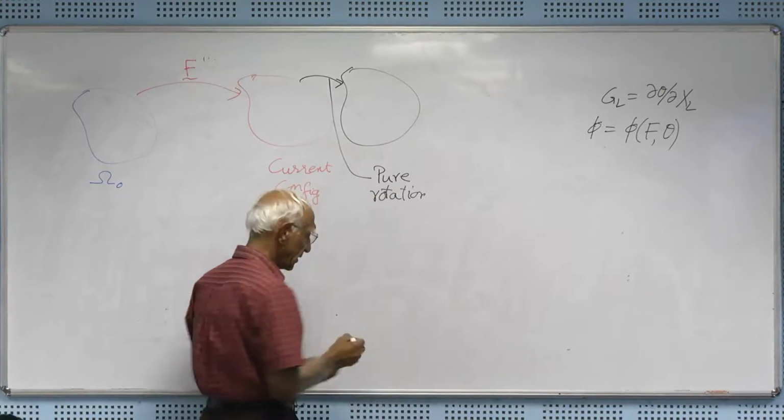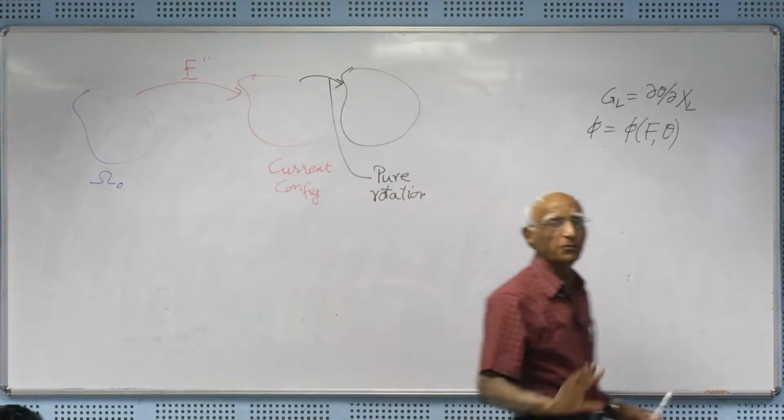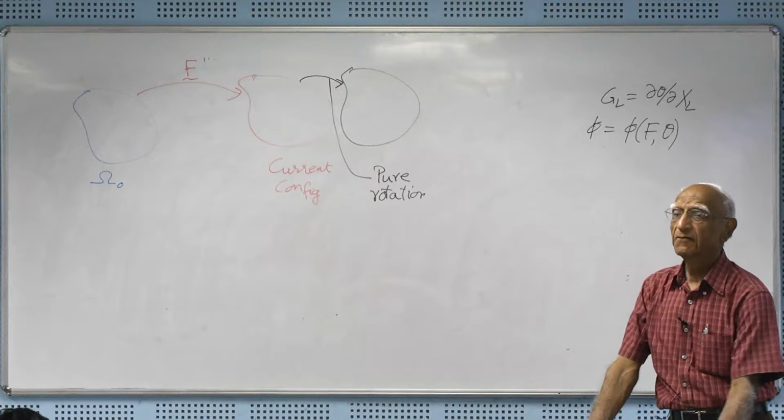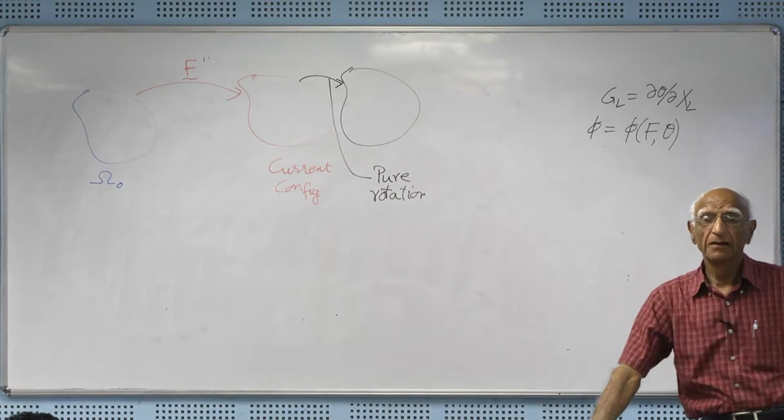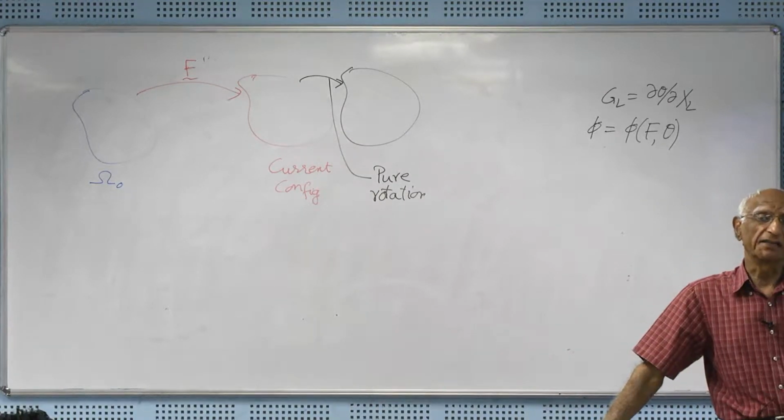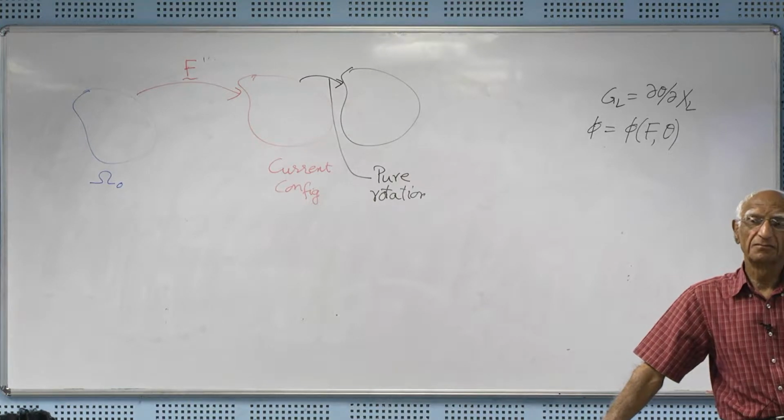You take the body, you deform it, you get F, now you rotate it. Rigid body rotation. Even though I showed you translation there also, we are talking about rigid body rotation. So will the free energy change?